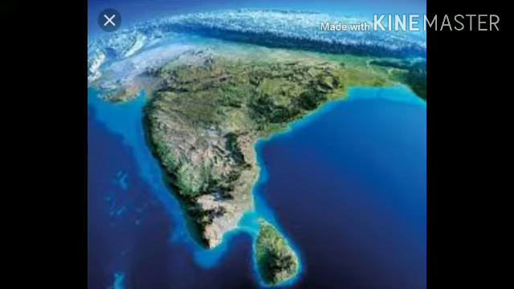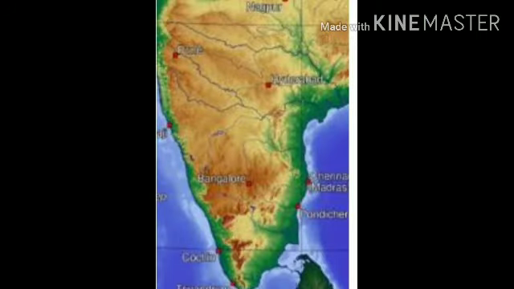As the name itself explains, the Deccan Plateau is a plateau region in which the Western Ghats and Eastern Ghats make the western and eastern edges of the Deccan Plateau respectively. Western Ghats lie parallel to the western coast and they are a continuous range and can be crossed through passes only.